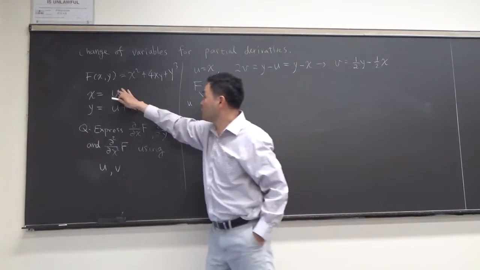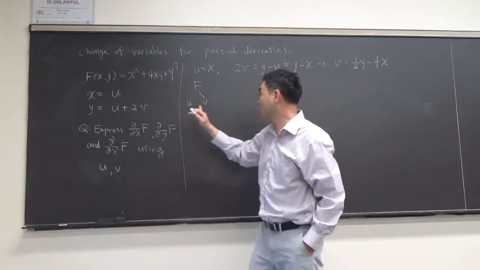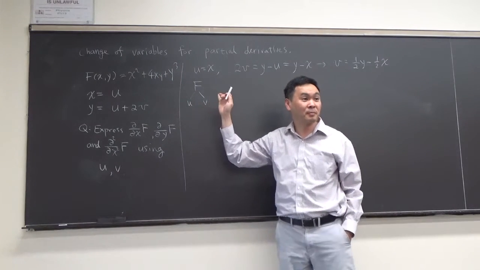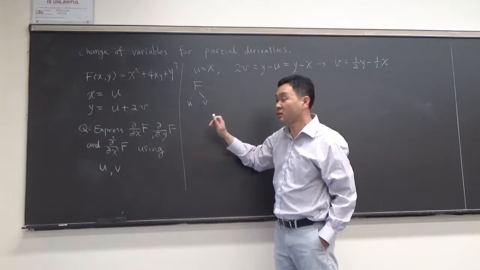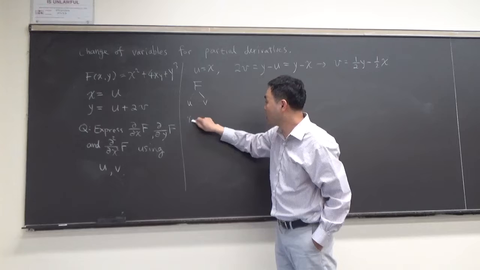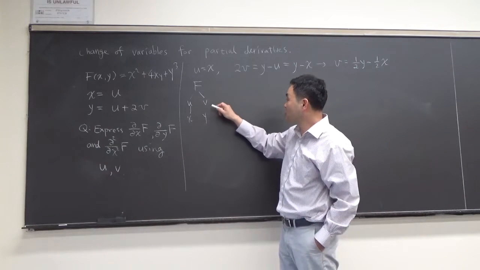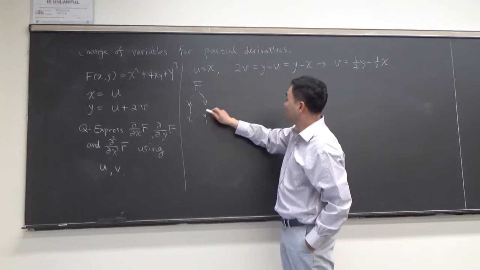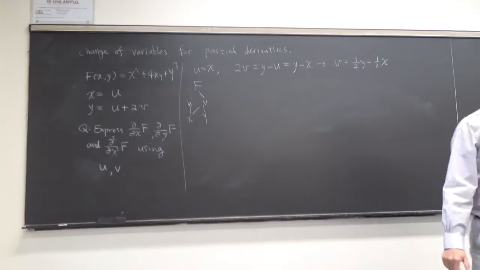Then you can plug in u and u plus 2v for x and y, and it suddenly turns into a function of u and v, right? You can imagine that, right? And then u and v would be functions of x and y. As you can see, u is just a function of x, and v is a function of both x and y. So that's the dependence diagram.